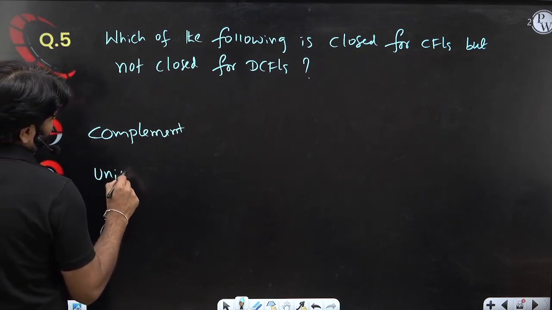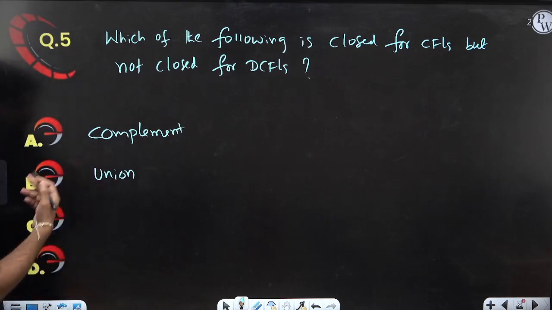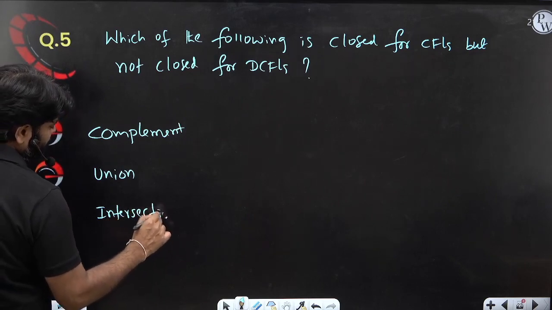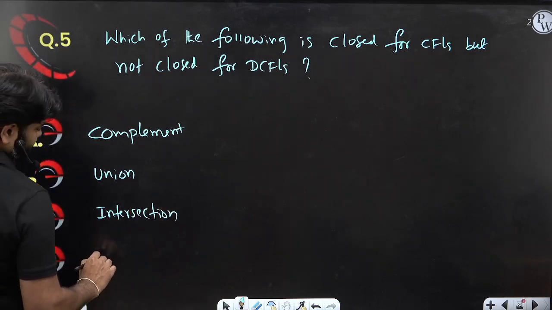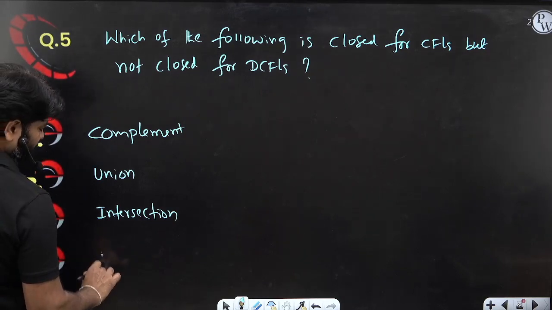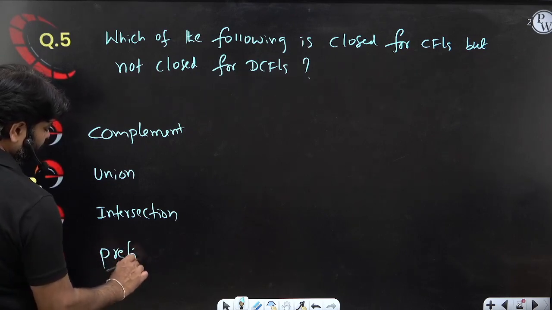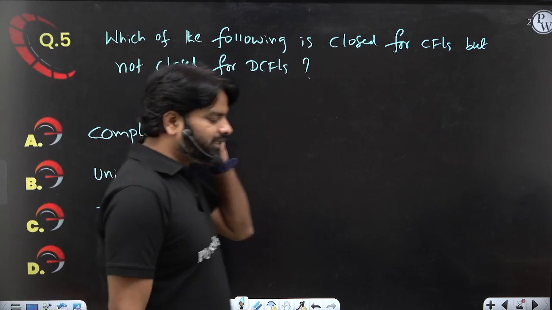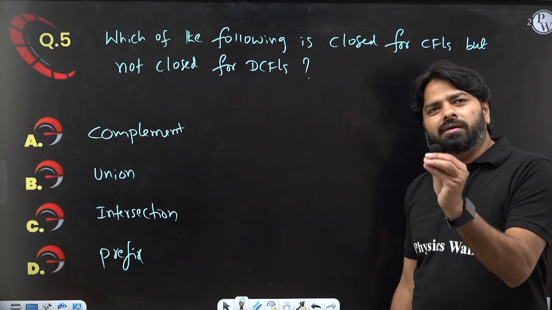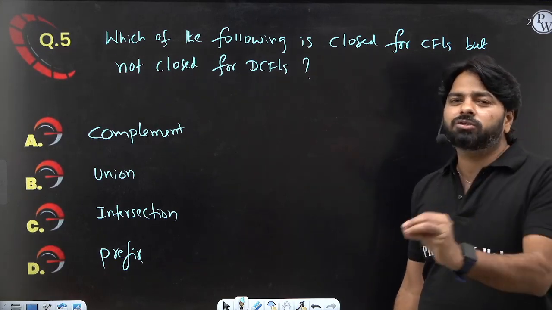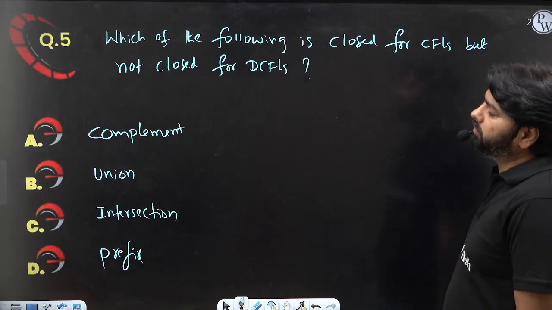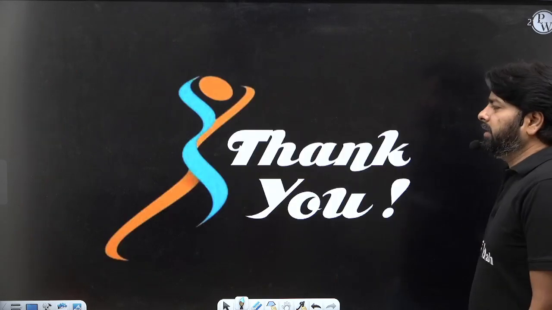Union, is it closed for CFLs but not closed for DCFLs? Check. And intersection, is it really closed for CFLs? And prefix. Only one answer is right here, so choose accordingly. The question is, which of the following is closed for CFLs but should not be closed for DCFLs? So what is that operation name? I'm talking about the operation.